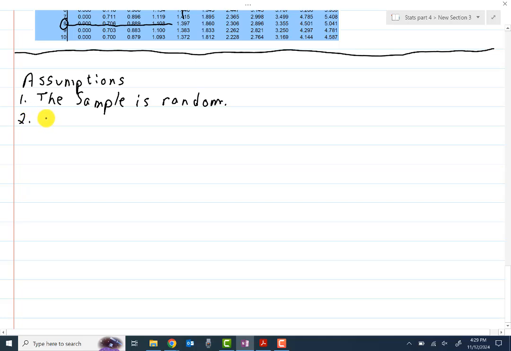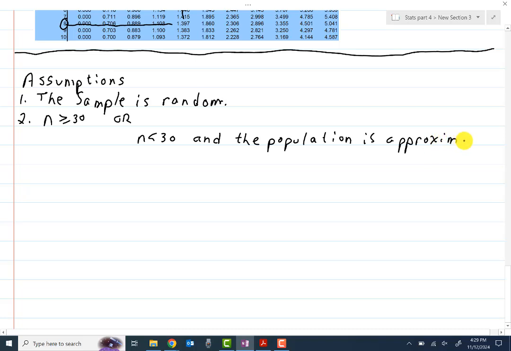And two, we need n to be at least 30, or, on the other hand, n is less than 30 and the population is approximately normal.